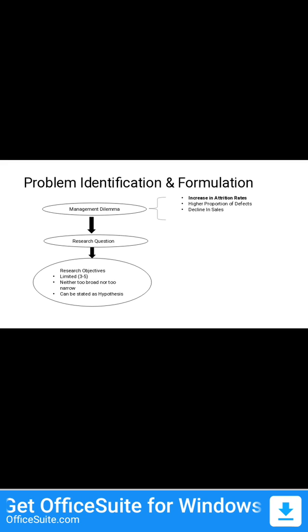Okay, so what are the various management dilemmas that an organization can face? This is the issue that the organization is facing. It could be that the attrition rates are increasing in the organization. You would recall from our discussion in human resource management what attrition is: people leaving a particular organization in search of a better opportunity somewhere else.